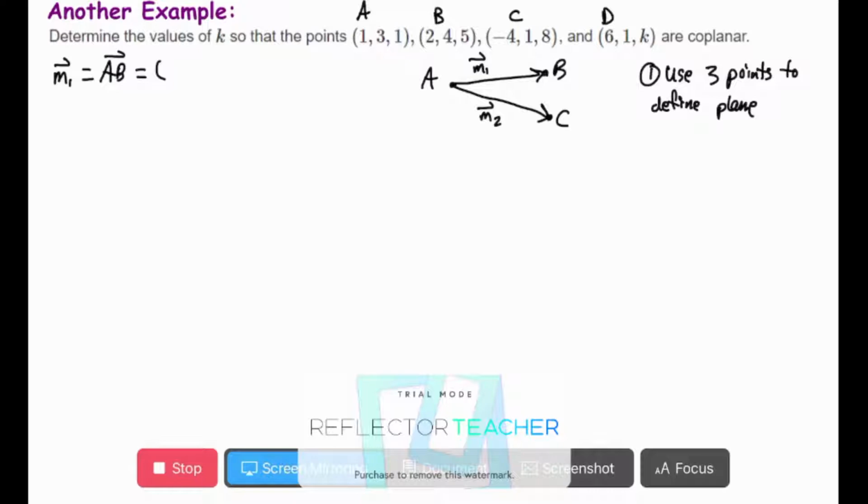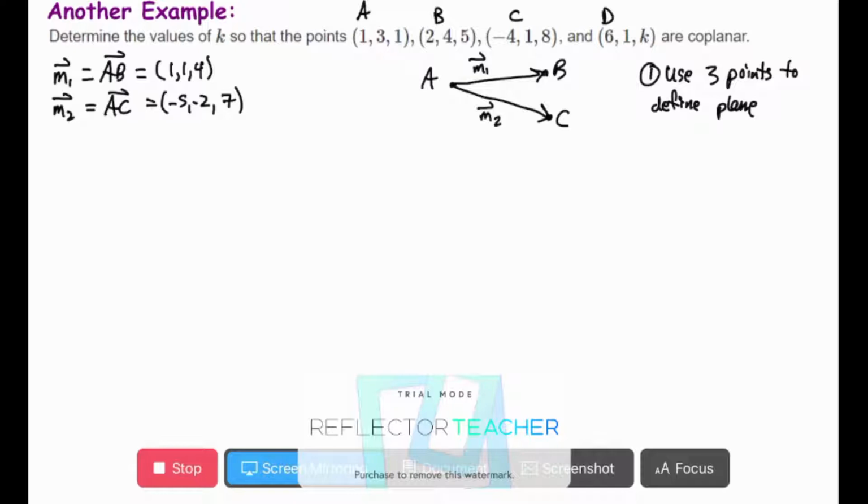It's going to be 1, 1, and 4. And direction vector M2, which is equal to AC. Find the difference between those X, Y, and Z components is going to be negative 5 and negative 2 and 7. And we need to make sure that those are not collinear.